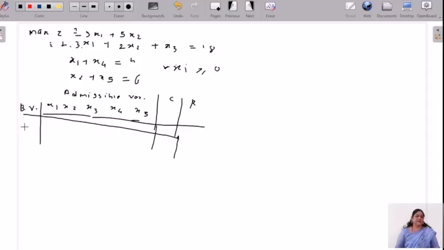Our slack variables are here, the slack or surplus variables. We use x3, x4 and x5.